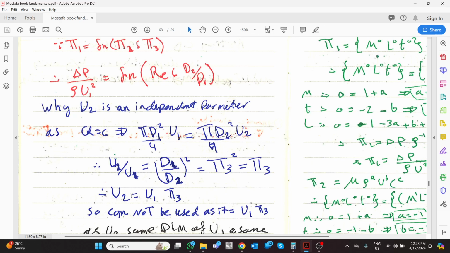So because u2 is u1 multiplied by a dimensionless constant, it will not affect, and we should not take it. So the idea is, if one parameter equals a similar parameter, like here velocity, multiplied by a dimensionless constant, we cannot use it.